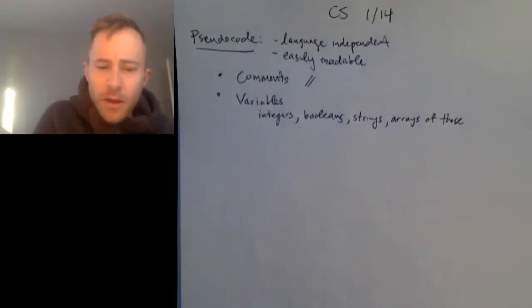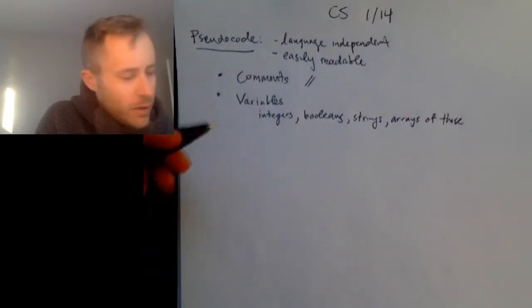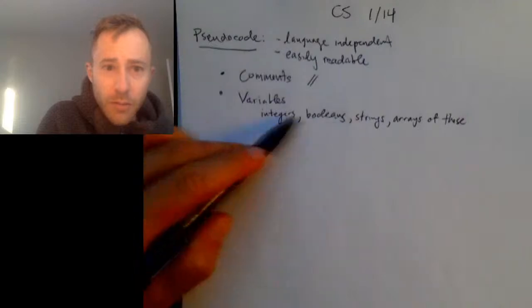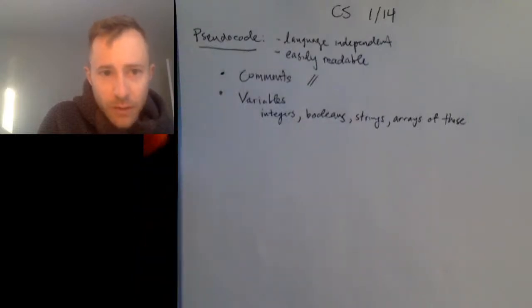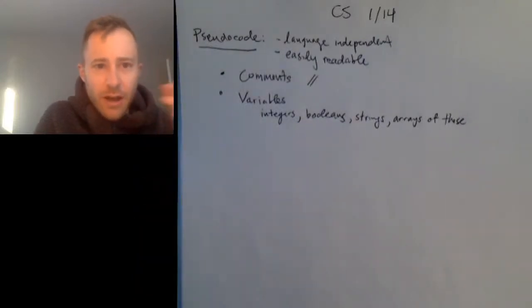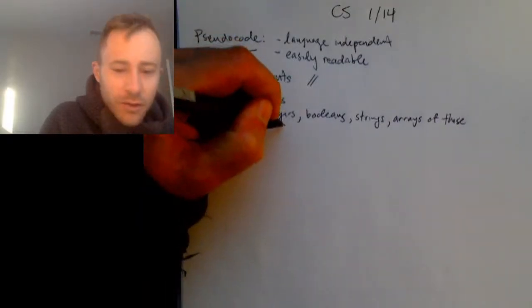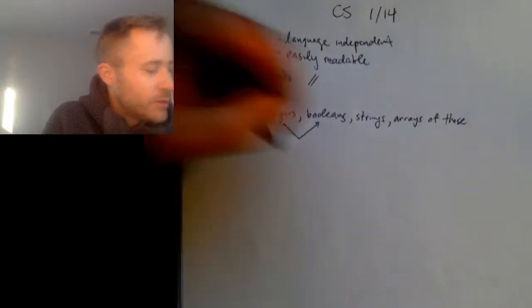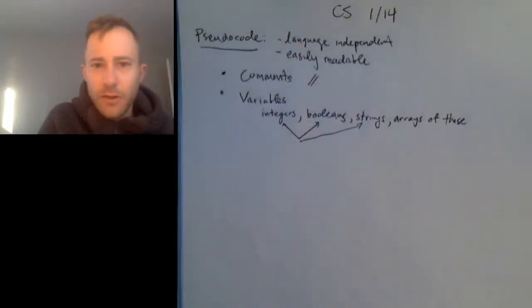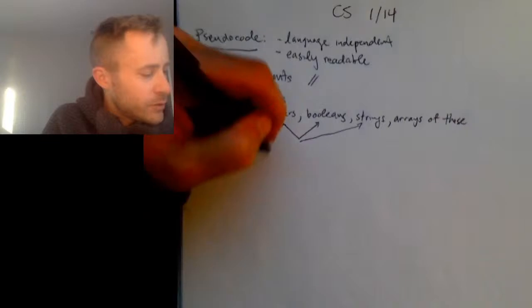All right. Now, when you define a variable, unlike Java, so with Java you would say int x equals 5. But in the IB pseudocode, you don't have to do that. So you have no type declarations.